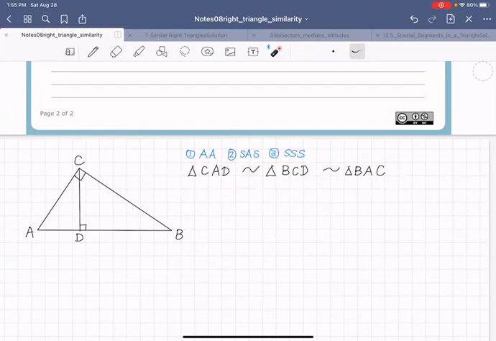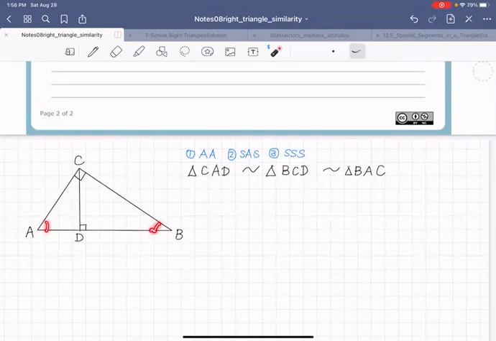Look, for this triangle and this triangle, we know this angle plus this angle equals 90 degrees, correct? And we also know this angle plus this angle also equals 90 degrees, correct?